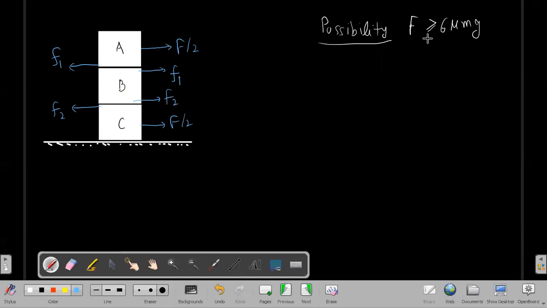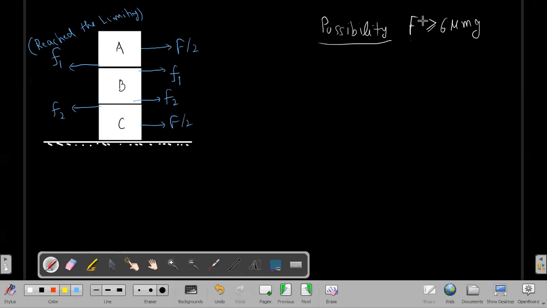But what will happen when you increase the value of F beyond 6 mu mg? This F1 reaches the limiting value. And when the F1 force reaches the limiting value, it cannot increase further. That means the frictional force F1 will now be a constant value equal to the limiting value. And notice F2 will still be less than the limiting value.